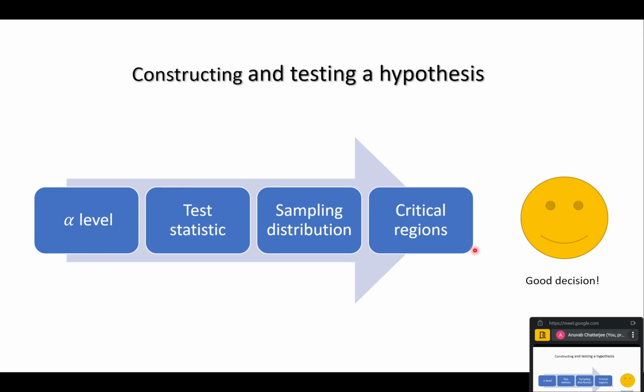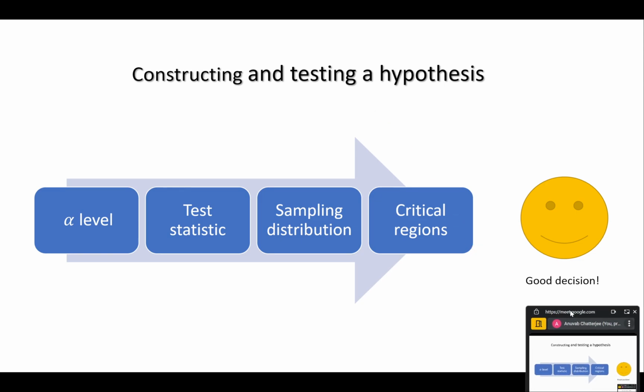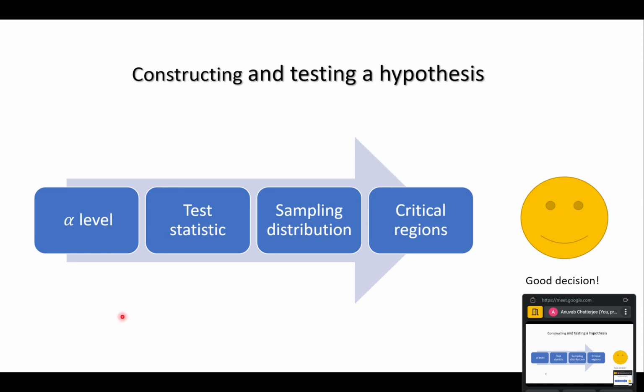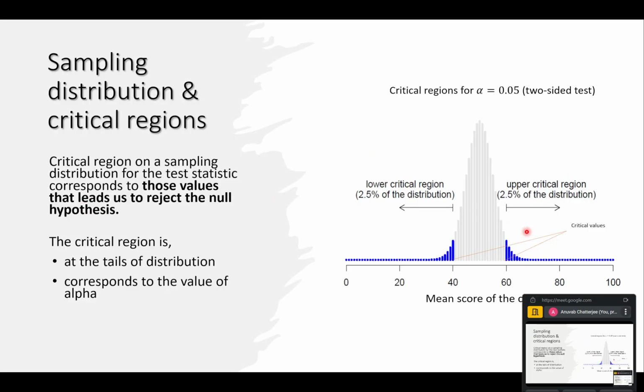So when you are constructing a hypothesis test, these are what you take into account. First, you define an alpha level. The alpha level indicates the tails of the distribution, and if your values majorly lie in the tails of the distribution, then you say obviously my null is wrong.